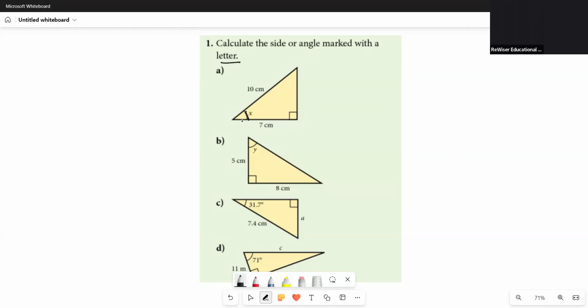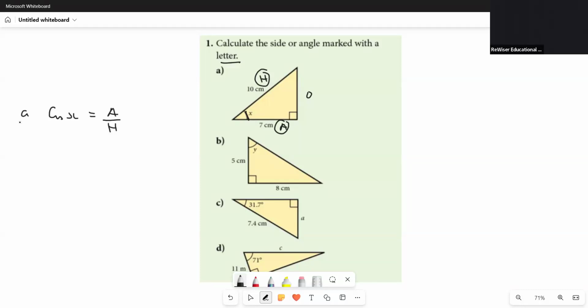So see, if this is x, then this is adjacent, this is opposite, and this is hypotenuse. So we need to think of a ratio like sine, cos, or tan, which is related directly with adjacent and hypotenuse, because these two lengths are given. So we remember that cos of x is equal to adjacent by hypotenuse.